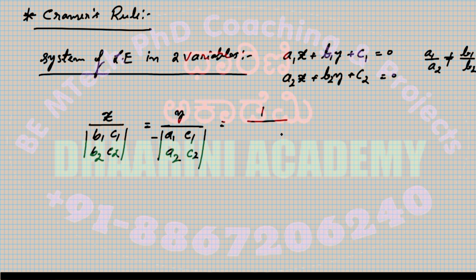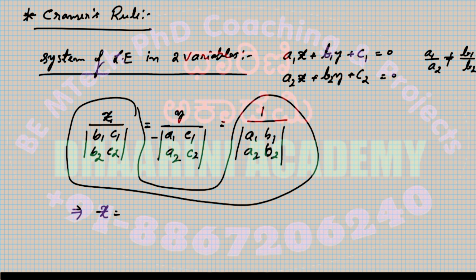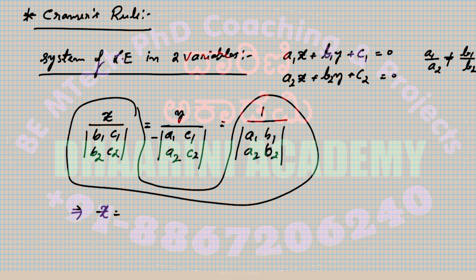This is equal to 1 divided by, because there is no x or y term, so the powers are assumed to be 0, x to the 0, y to the 0, that is 1, divided by the determinant of a1, b1, a2, b2. So if you want to calculate x, simply equate these two, keep x on one side, and move the determinant to the other side.